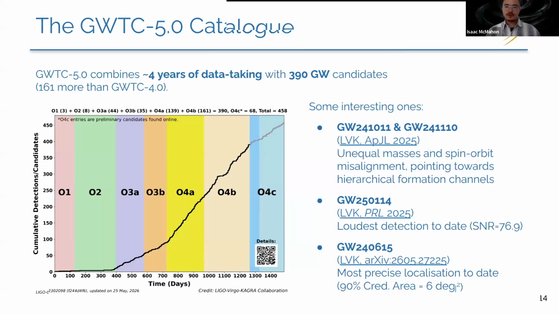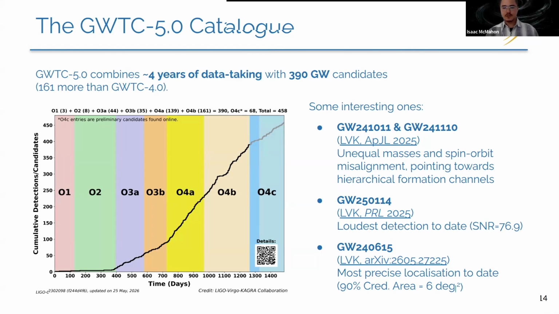So these events point towards hierarchical formation channels, which means that we might get some information about how intermediate mass black holes form. Another event, which was GW250114, was the loudest detection to date. This event had an SNR of 76.9, which is the best signal to noise that we have had in all of our observing runs.